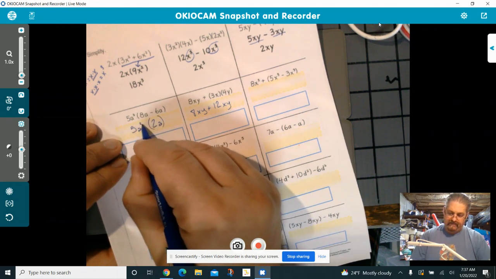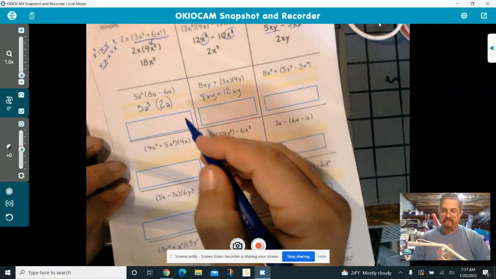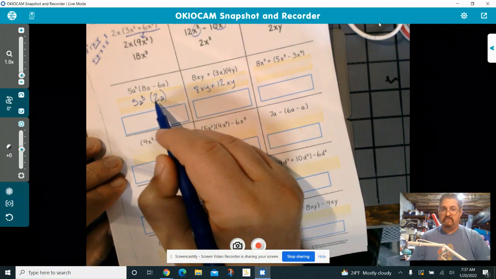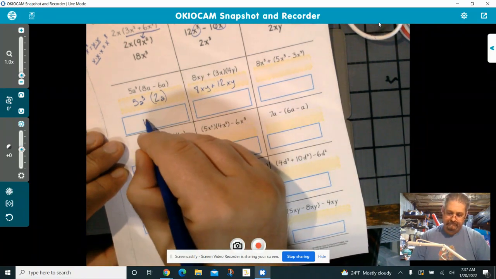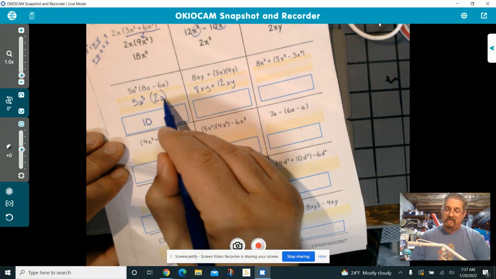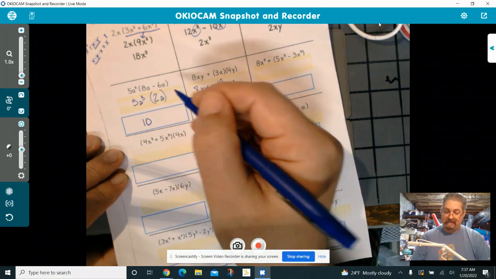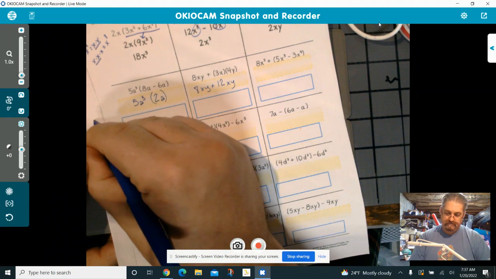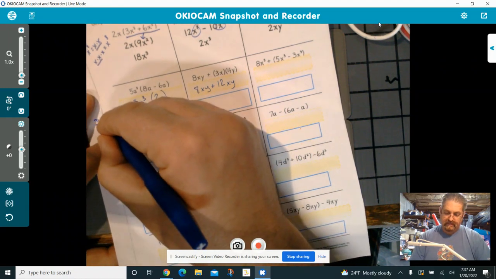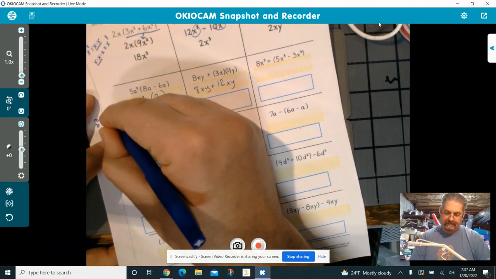5a to the third times 2a. 5 times 2. You count by 5. 5, 10, right? 10. Then we have to do our a to the third times 2 times a. A to the third power is a times a times a.